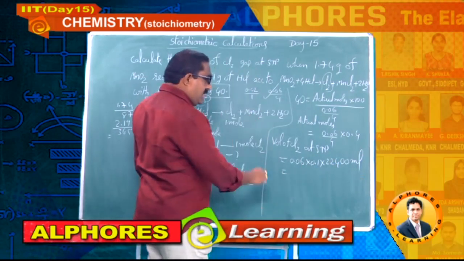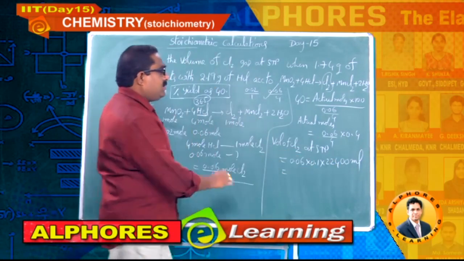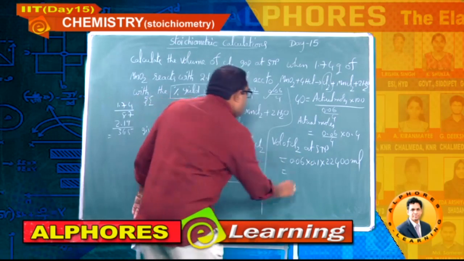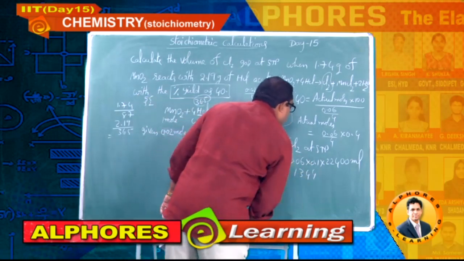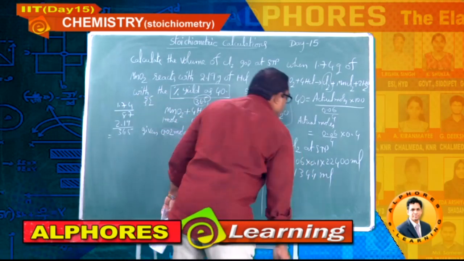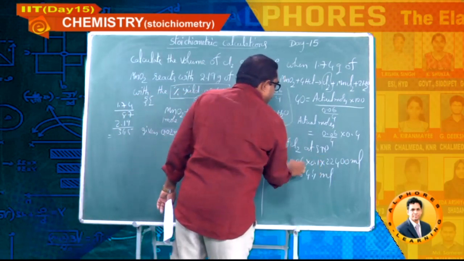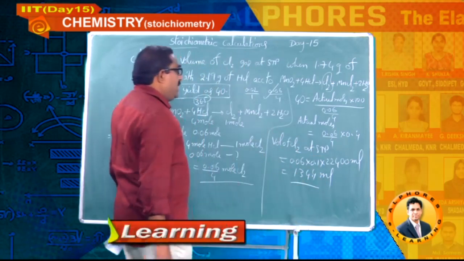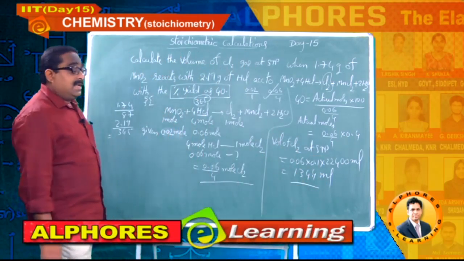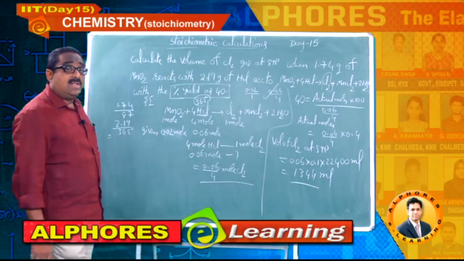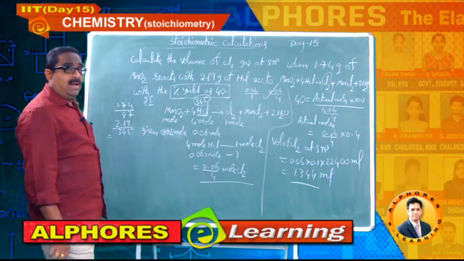So do the calculation for 6 to 224. So I think 1344. So 134.4 ml you will get, because 10 will go for this and 0.6. Okay. So finally the volume of chlorine at STP you will get that as 134.4 ml.